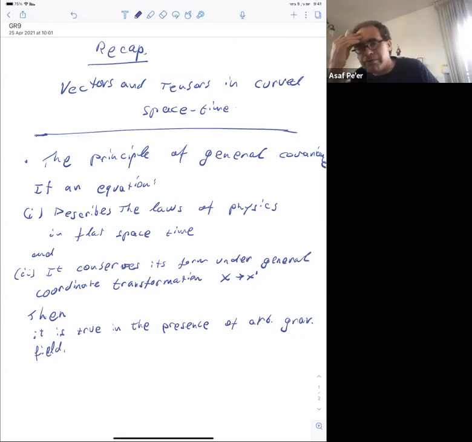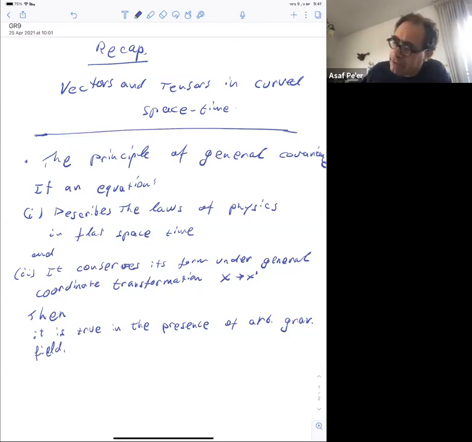And then from the principle of equivalence, wherever we are in any arbitrary gravitational field, we can always find a locally inertial coordinate system. So a coordinate system in which the laws of special relativity hold. And according to the first prescription, the first point, the equation holds, it truly describes the laws of physics in that system. So it must hold in any general coordinate system.